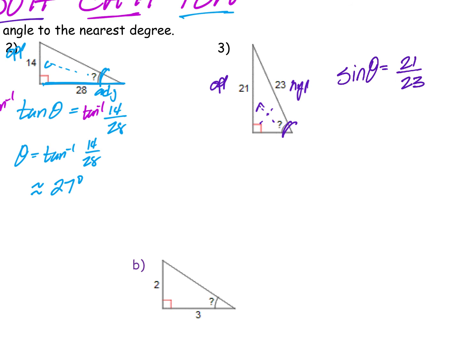So sine inverse. So theta is going to equal sine inverse of 21 divided by 23, which is approximately equal to 66 degrees.